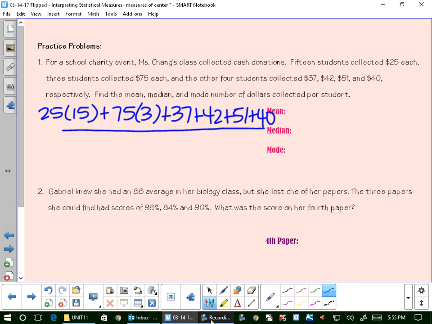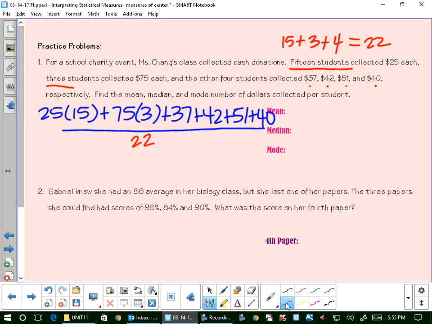Now let's figure out how many students we are going to divide by. Well, 15 students collected this amount, 3 students collected this, and then we had 1, 2, 3, 4 more students here. So that's 7 plus 15, that's 22 students. So we're going to divide by 22.